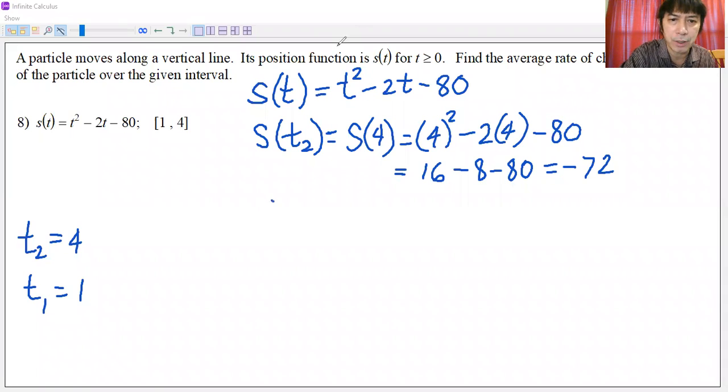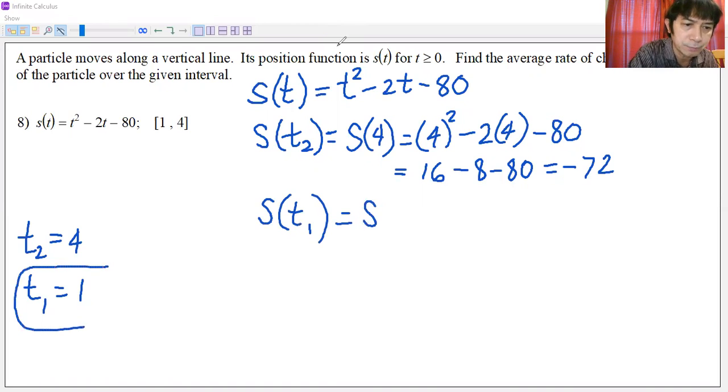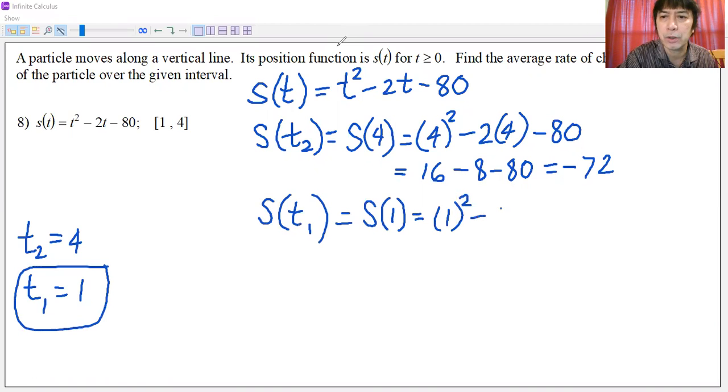Let's have our S of T1. S of T1 means S of 1. That is equal to 1 squared minus 2 times 1 minus 80. We're using this, of course.